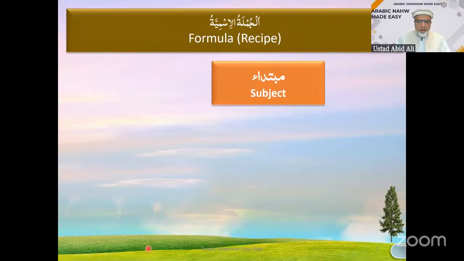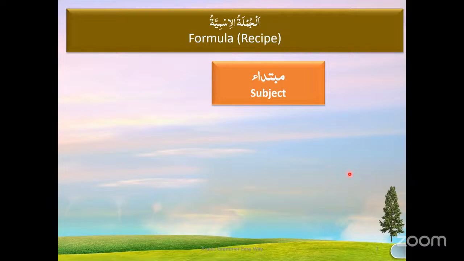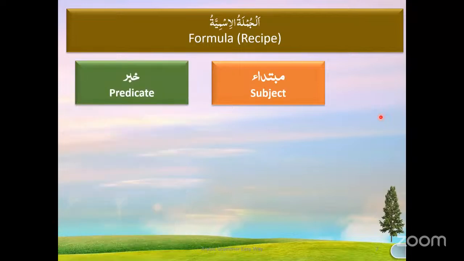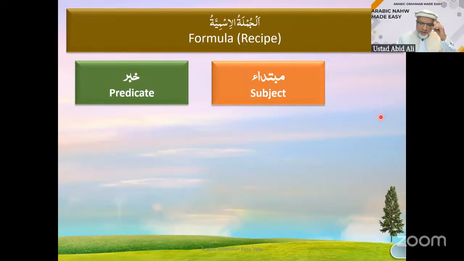So here, I'm going to ask someone if they remember from the previous class what we learned. Okay, Brother Ashfaq, Assalamu alaikum. Wa alaikum salam. So Brother Ashfaq, we know that a jumlatu ismiya has two components, mubtada and what is the second component? Khabar. And what do we call mubtada in English?